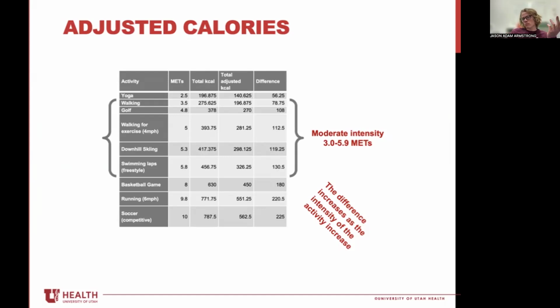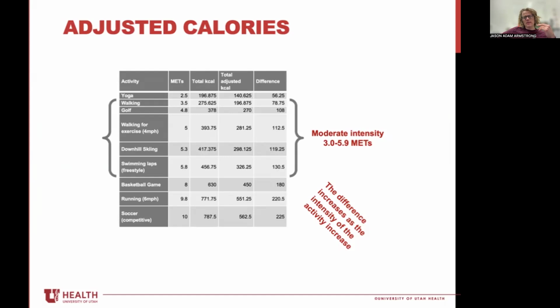So there are issues with the way that calories are tracked. But I wanted you to understand METs and how they're utilized and how your clients are likely getting data off of their wearables. So it's pretty common that wearables are off by about 20% in terms of their estimation for your calorie consumption. And I wanted you to understand why that's the case.